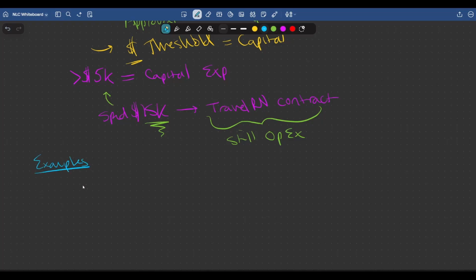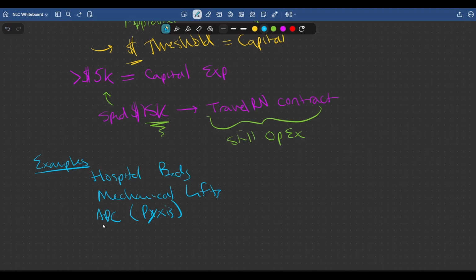So examples of what would be a capital expense include things like hospital beds, mechanical lifts, automated dispensing cabinets. Also, we call them by their brand name, the Pyxis machine, or there's other brands as well. But that's an example.